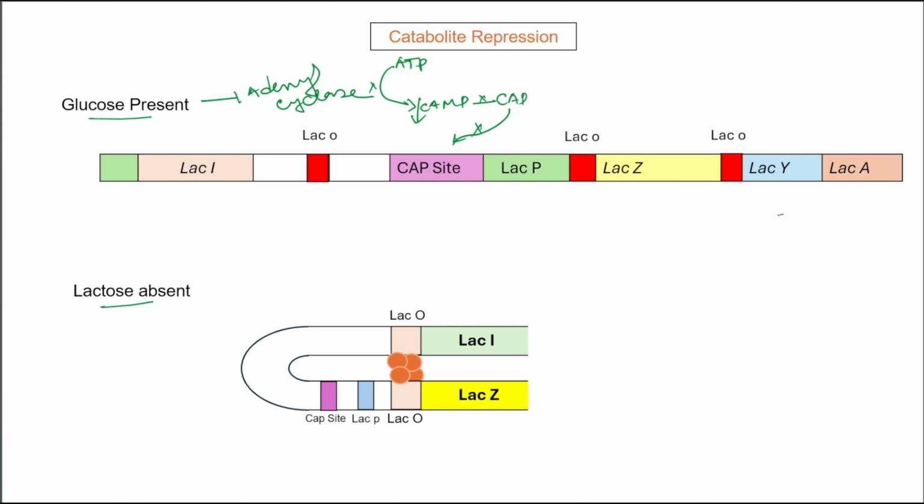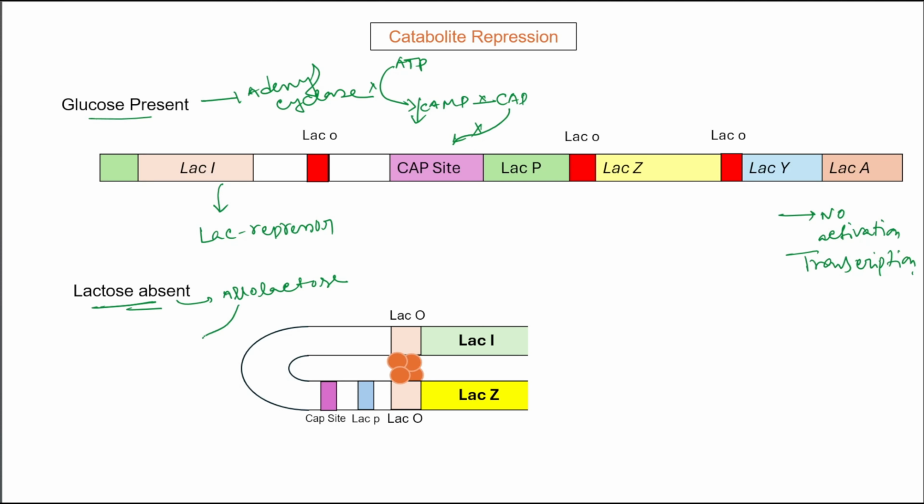So here there is no activation of transcription, and also lactose is absent. So lacI synthesizes the lac repressor. So lactose absent means allolactose absent. So allolactose acts as the inducer that blocks the lac repressor. So allolactose absent means allolactose cannot block the lac repressor. So the lac repressor binds in the operator site in the form of a tetramer.